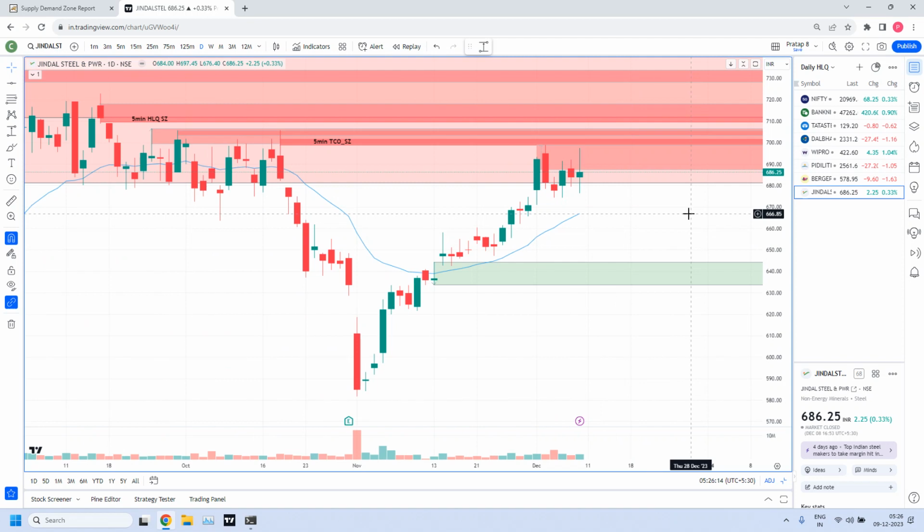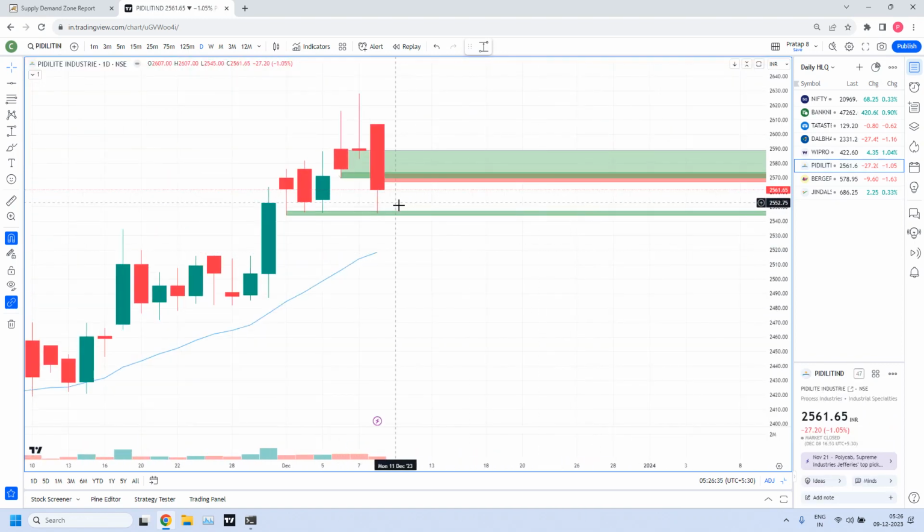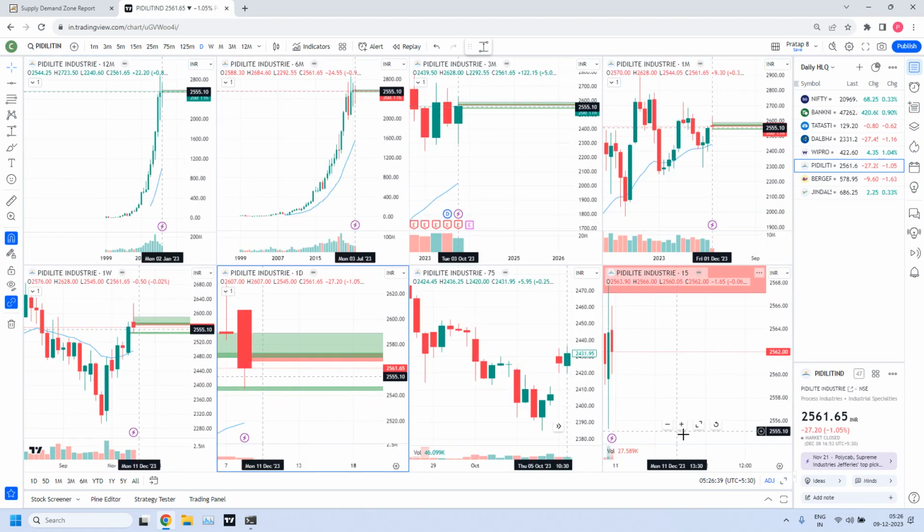According to me, there are no stopped outs from Friday's list, but according to you, or even I will also be convinced to some extent, there is one stopped out order in Pidilite. You can consider this small area, the 5-minute zone.